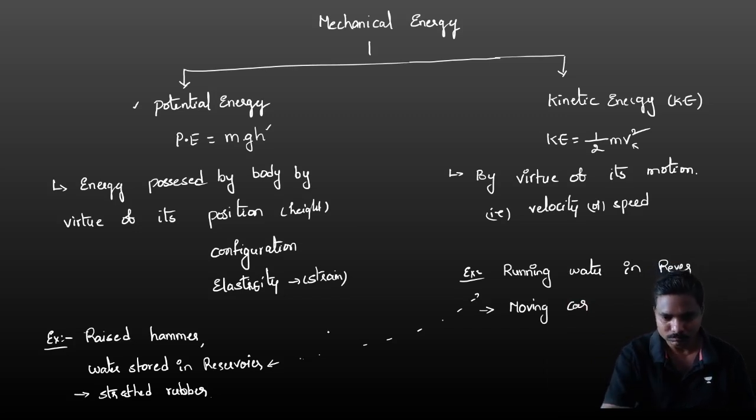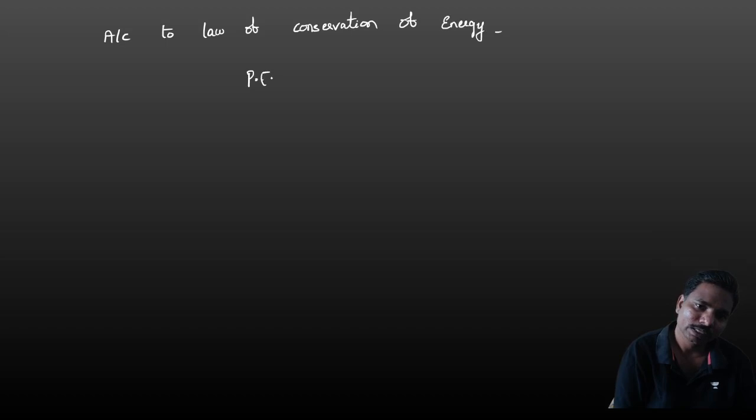So according to the law of conservation of energy, whatever the potential energy loss is equal to kinetic energy gain, or whatever the loss of kinetic energy, that is potential energy gain.